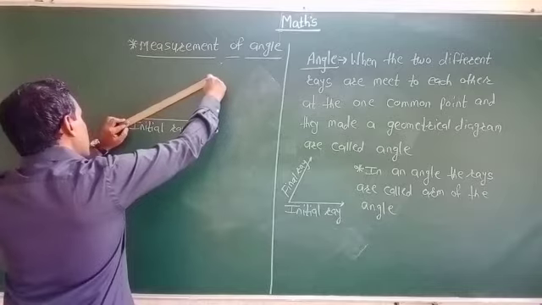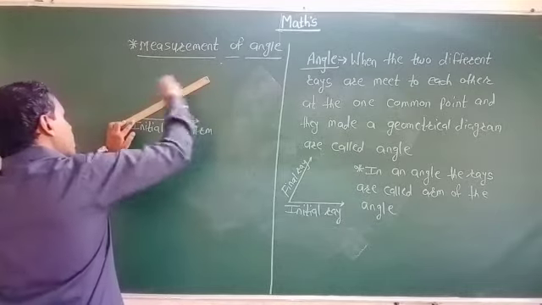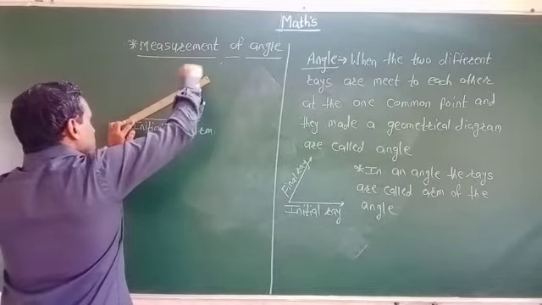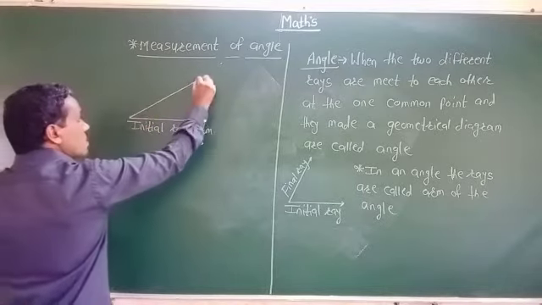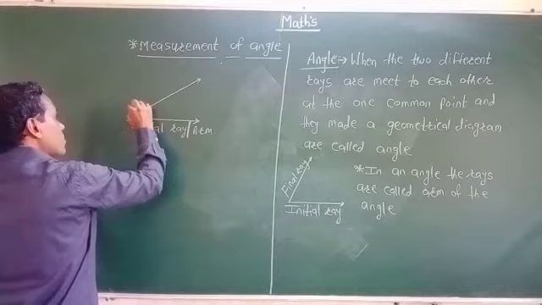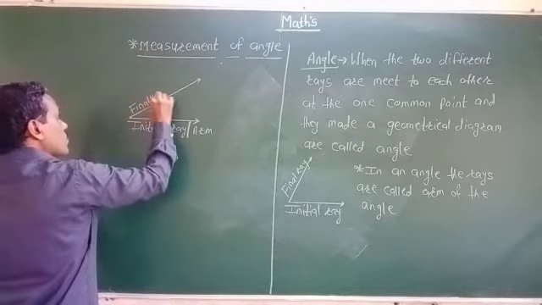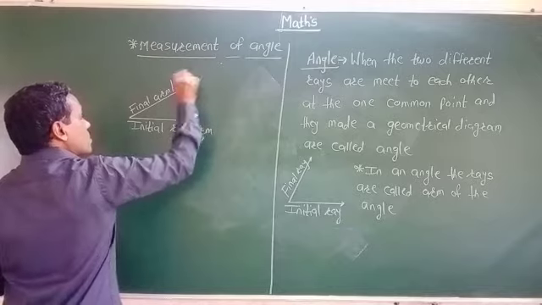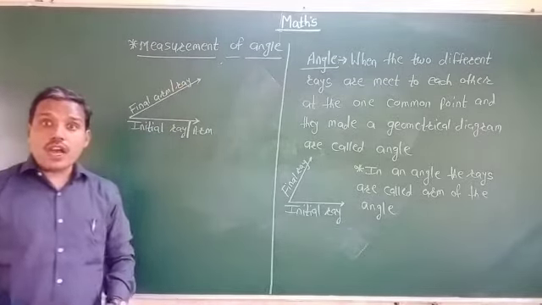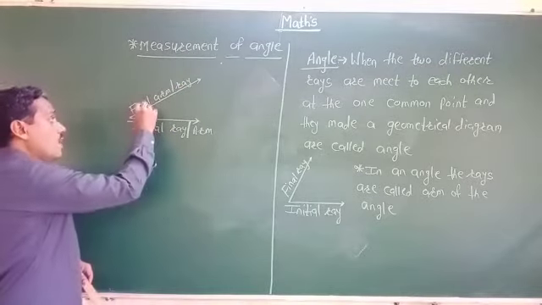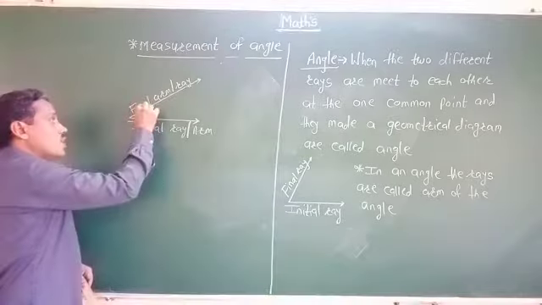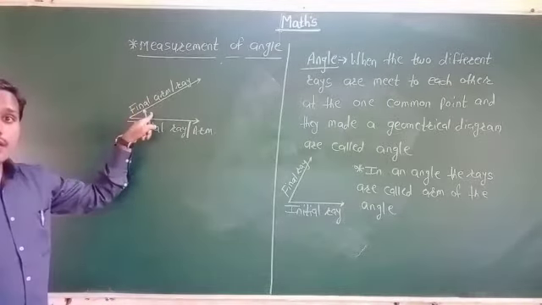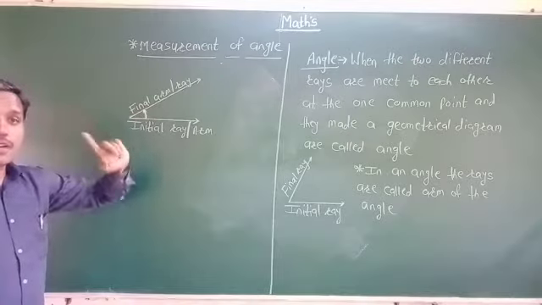They get rotated, and then when they stop, we get the final arm or ray. So that deflection is called the measurement of the angle.